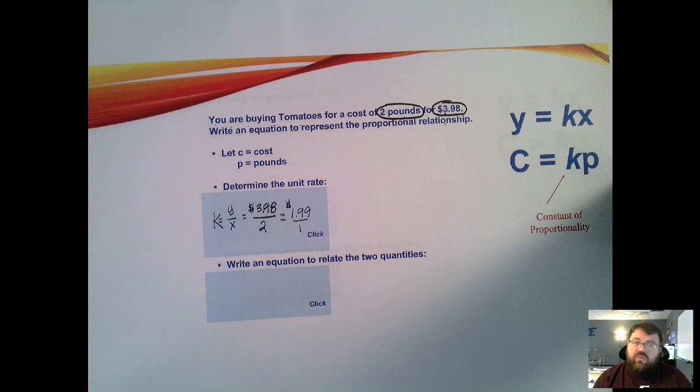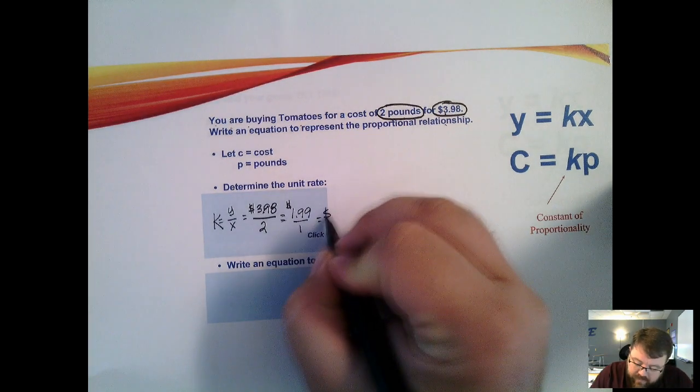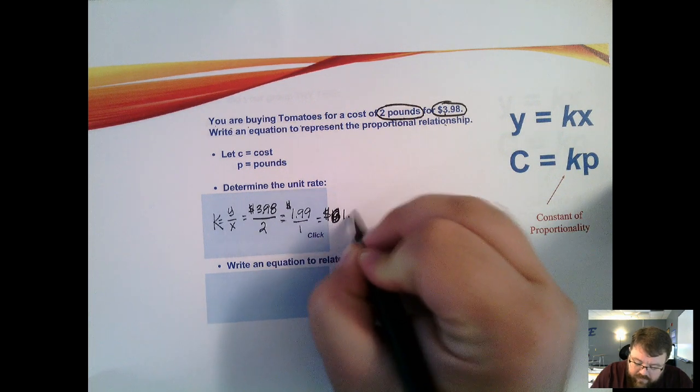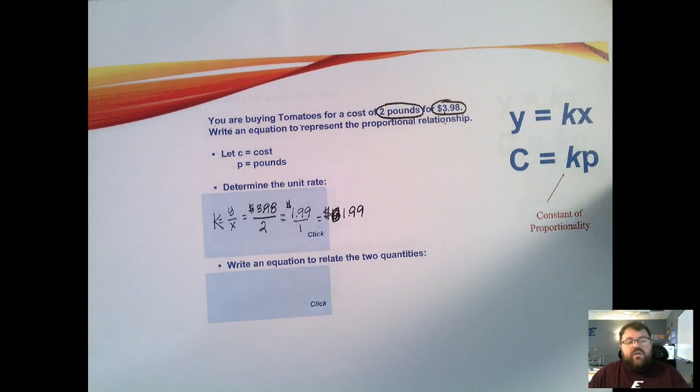If you don't, or you don't understand what that means, you need to contact Ms. Banks or myself so that we can help you, or you need to be in our Google Meets every day. So we have $1.99 per pound.